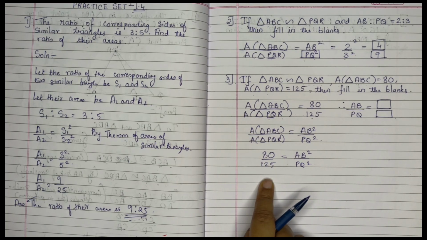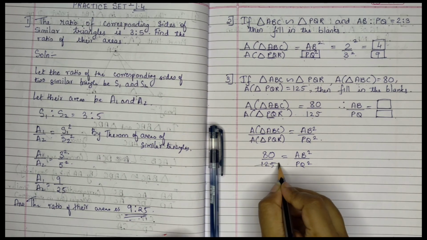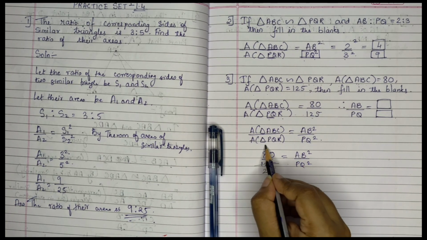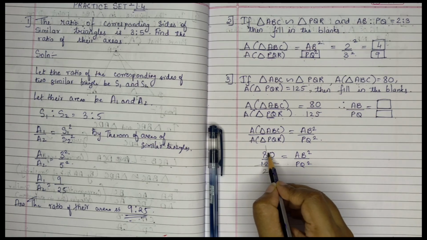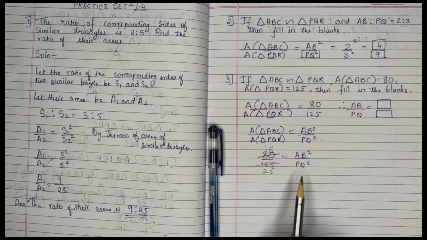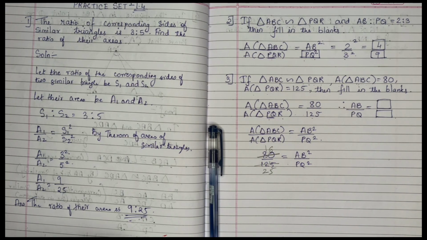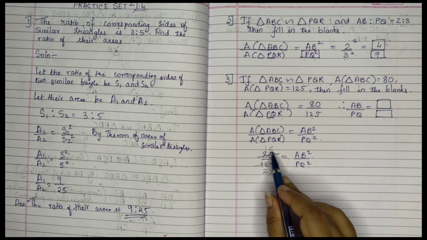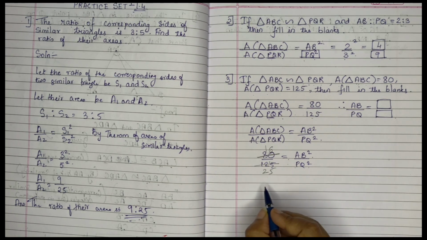We can reduce it to the lowest form by 5. 5 2s are 10, carry 2, 5 5s are 25, 5 1s are 5, 5 6s are 30. So what we get here is AB square upon PQ square is equal to 16 upon 25.